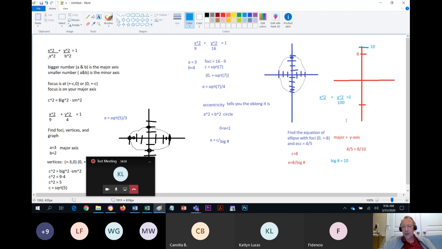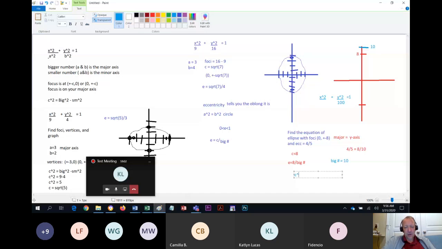Okay. So we know that c squared equals the big number squared minus the small number squared. In this case, we know that c is really 8. So that's going to be 64 equals 100 minus small number squared.